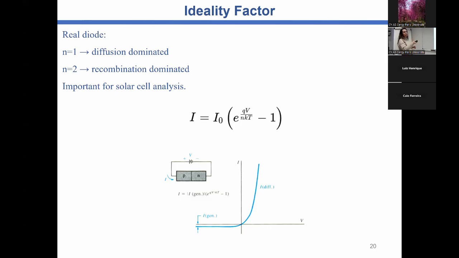This would be good for Rafa and João, who are analyzing, even if it is just the JV curve. If you have 1, your material could be diffusion dominated, and if you have 2, you have more recombination dominated.